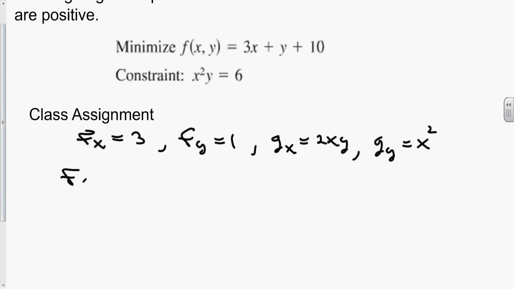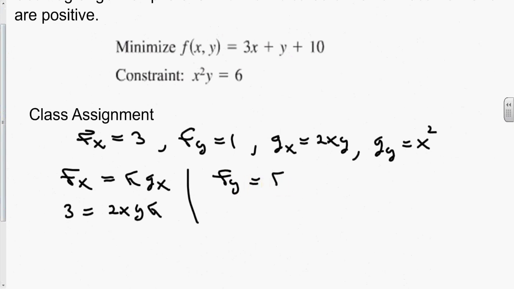So when we set the partial of f with respect to x equal to lambda times the partial of g with respect to x, we get 3 is equal to 2xy times lambda, and then the partial of f with respect to y is equal to lambda times the partial of g with respect to y. You get 1 is equal to x squared times lambda.